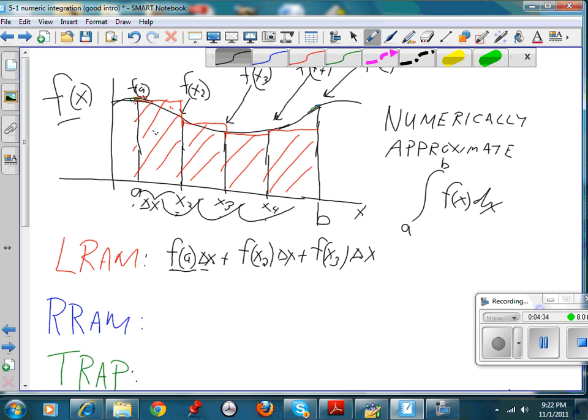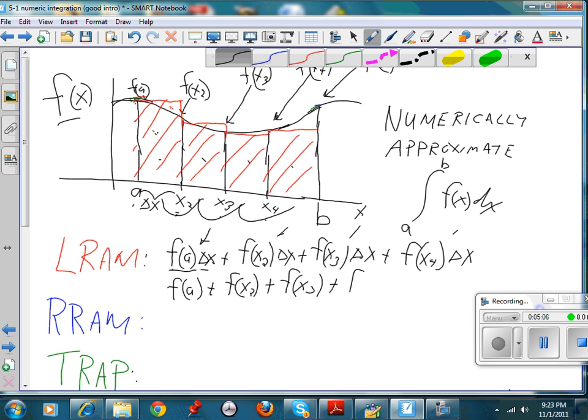I'm adding up four rectangles. I could write this as follows: I take the left-handed heights and multiply those all by delta x.